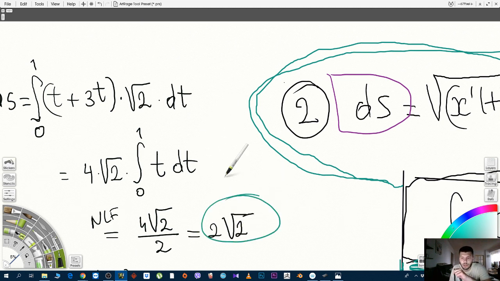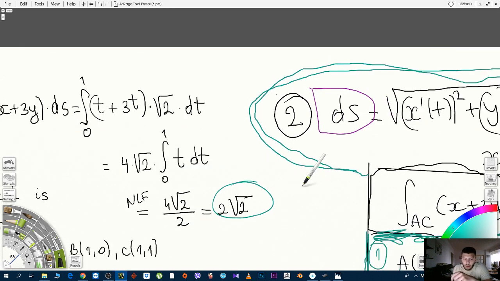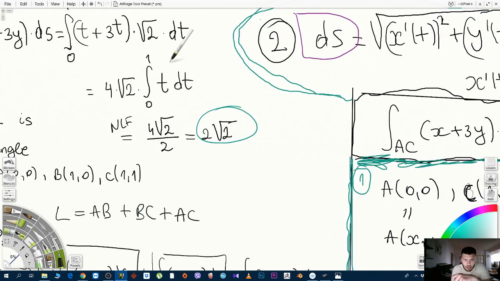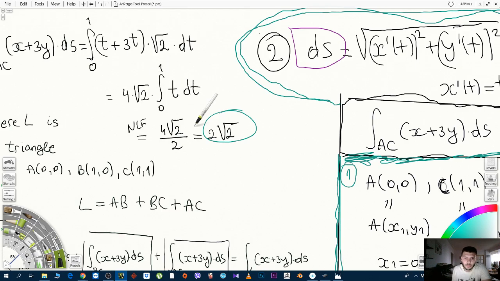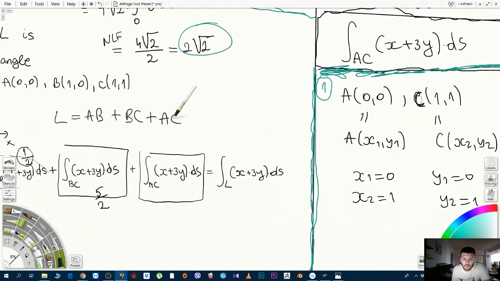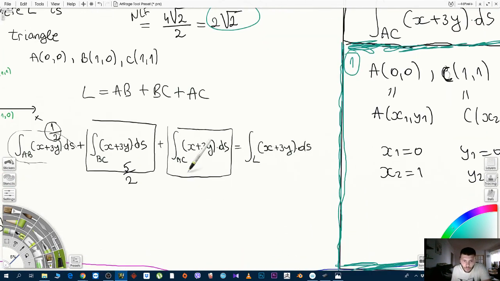So this is the third integral: 2 times square root of 2.